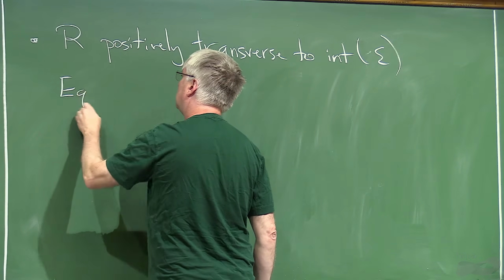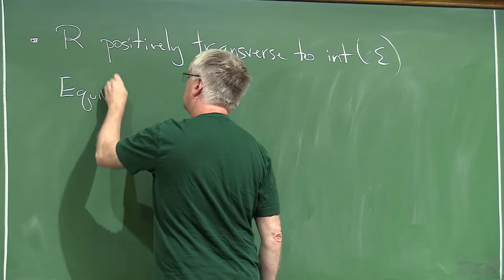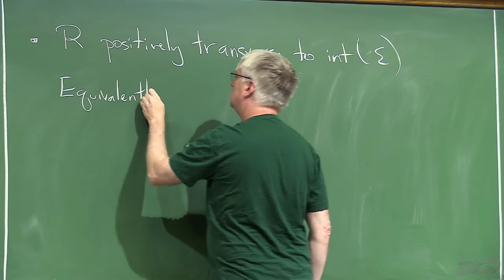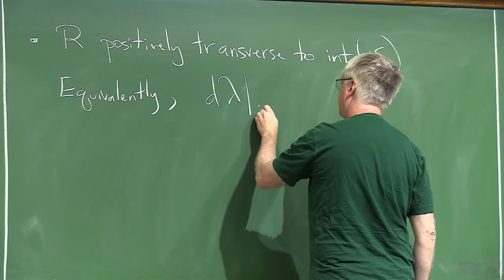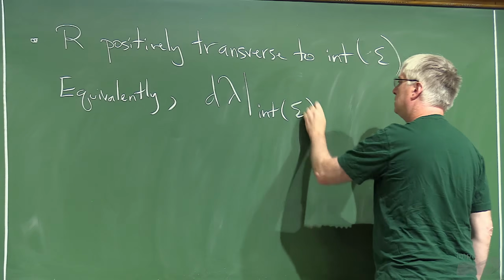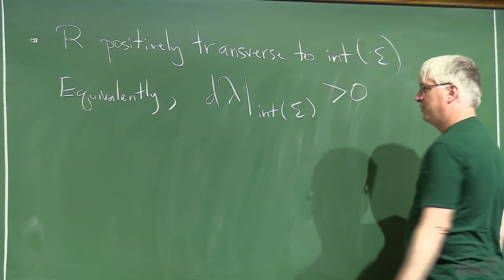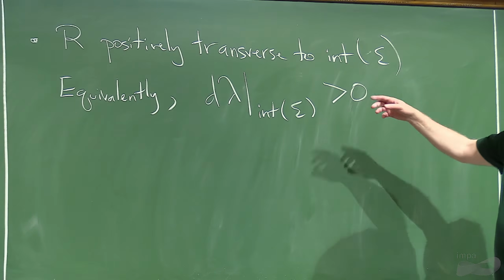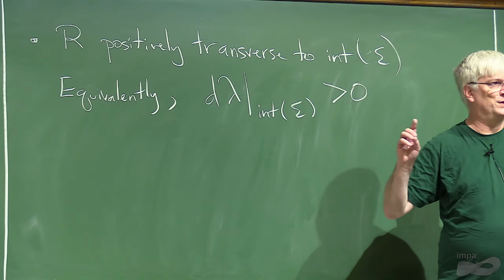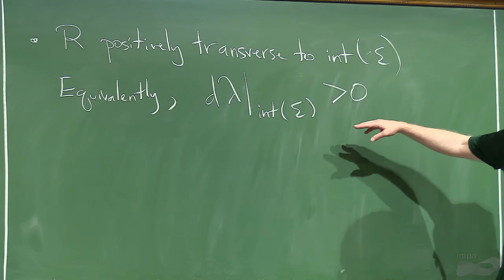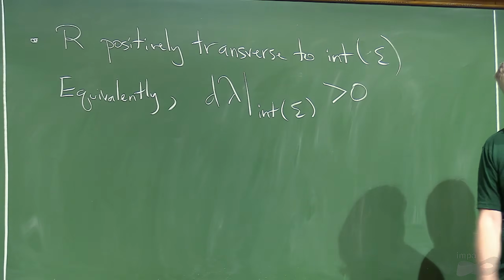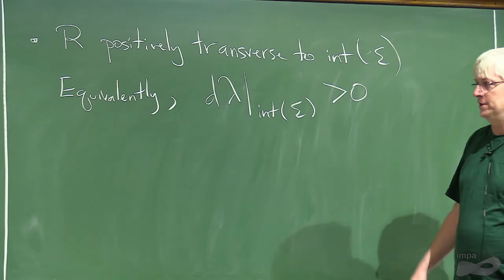Equivalently, d lambda restricted to the interior of sigma is everywhere positive. This is why I say symplectic surface in the title. Aside from the boundary, d lambda is a symplectic form on the interior of the surface.